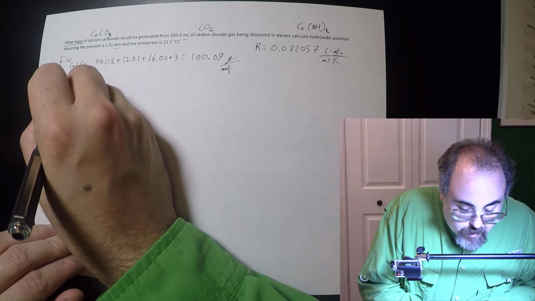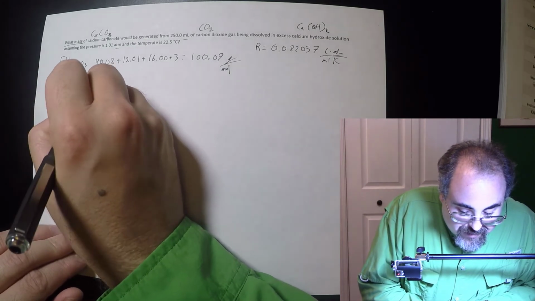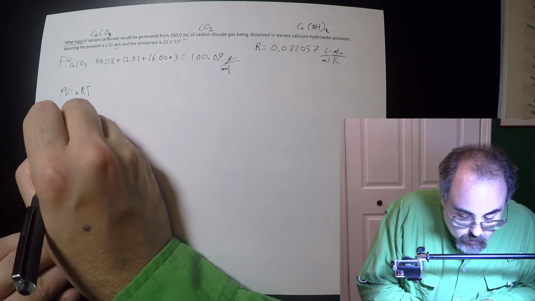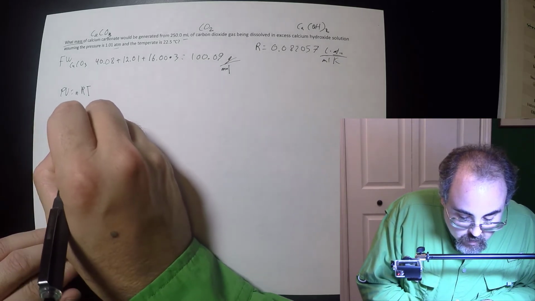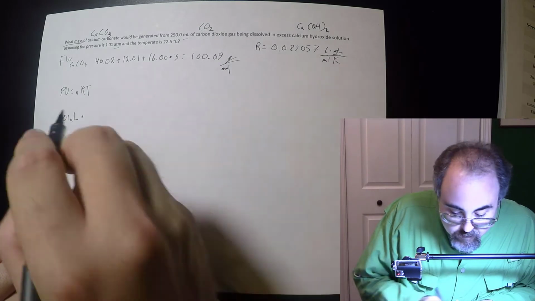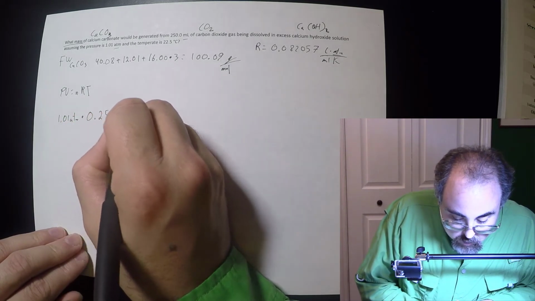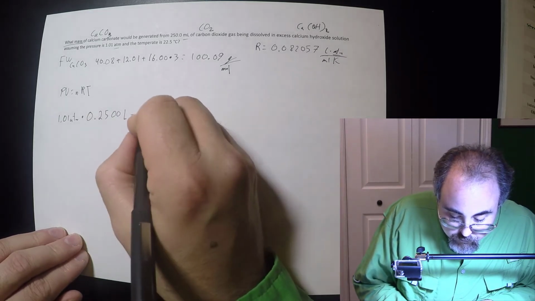Okay, so PV equals nRT. That's my ideal gas law. I know that my pressure is 1.01 atm. My volume, once again, I have to match, so I'm going to say this is 0.2500 liters equals moles.